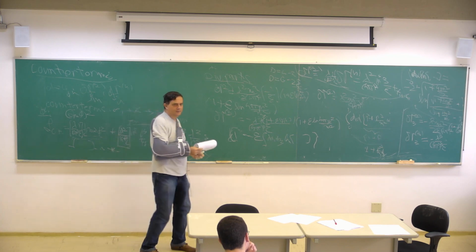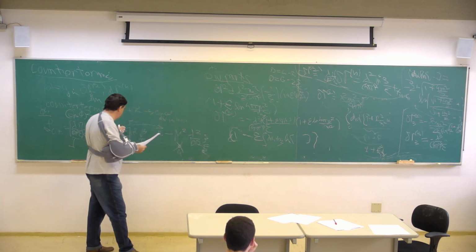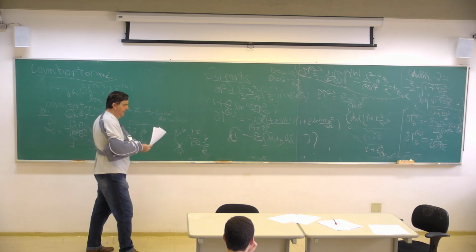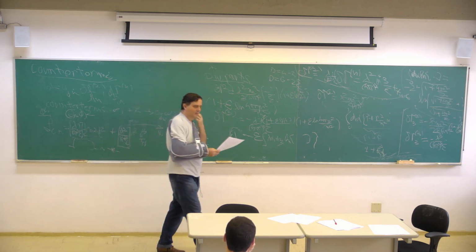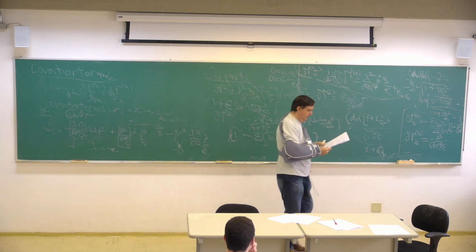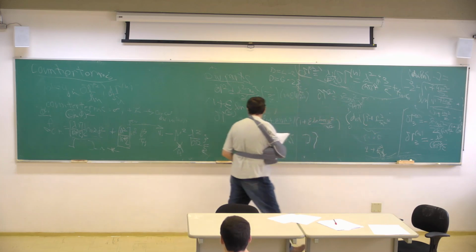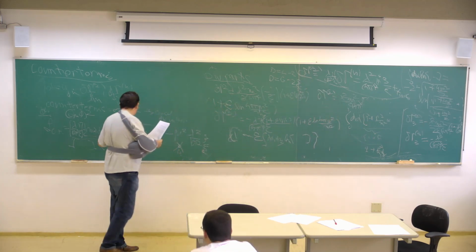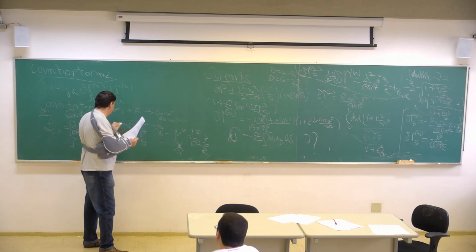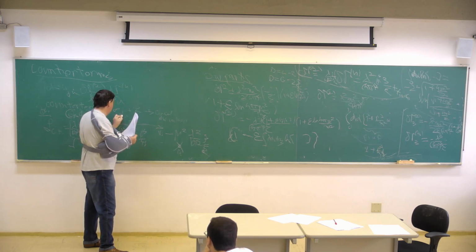I could have added a counter term which was 1 over epsilon plus something finite. This counter term that I had here is what is called minimal subtraction.